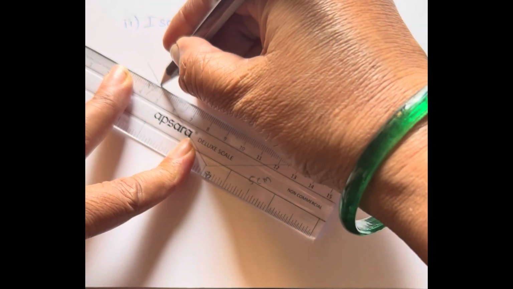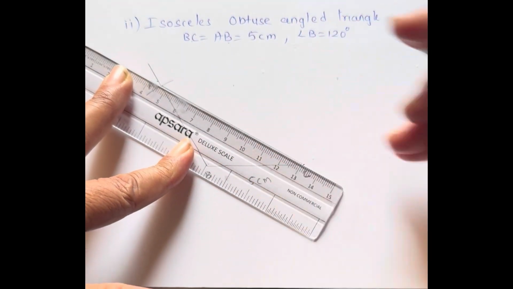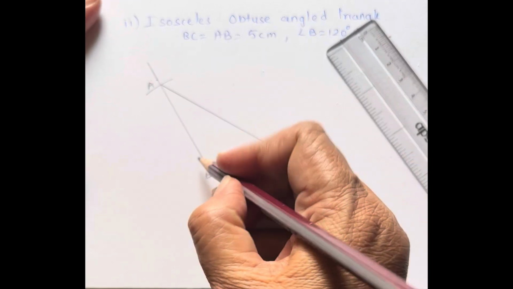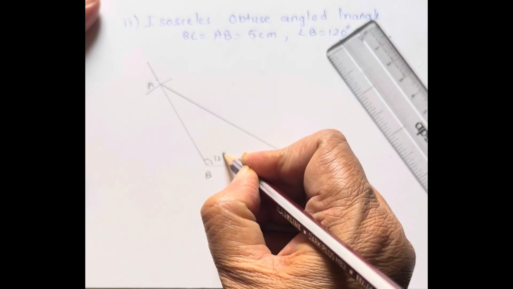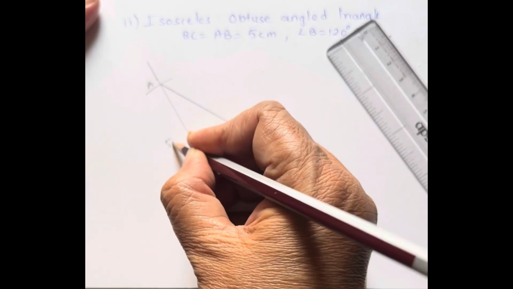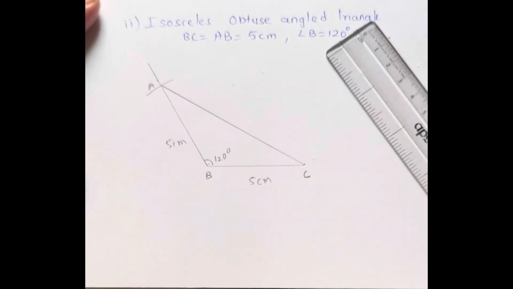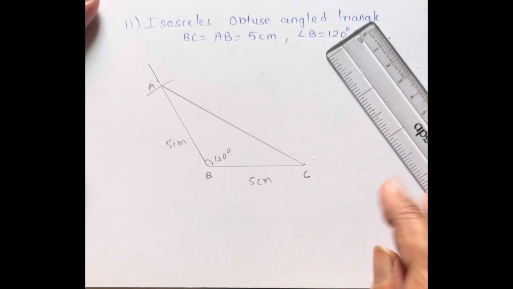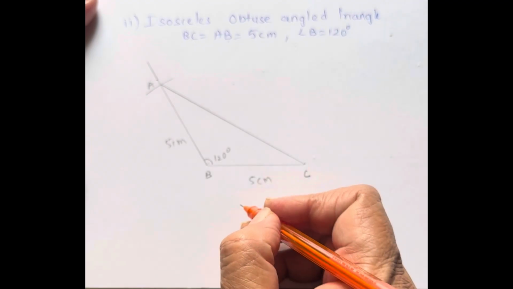So an isosceles obtuse angle triangle is also possible to draw. So this is 120 degree and this is 5 centimeters. So two sides are equal and one of the angles is an obtuse angle.